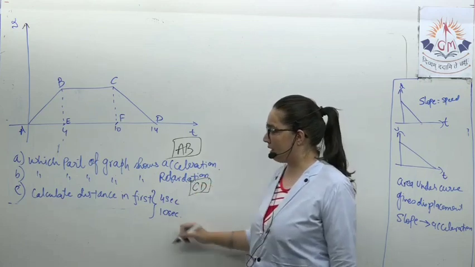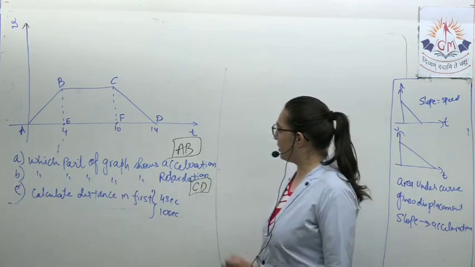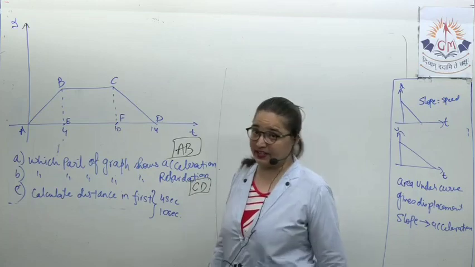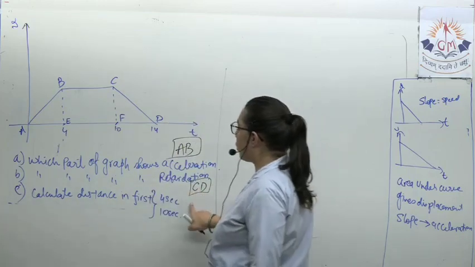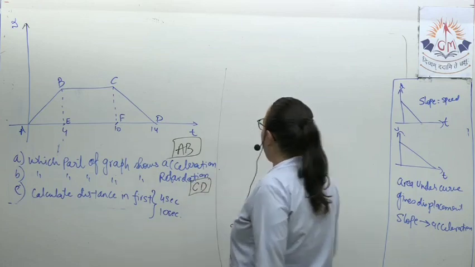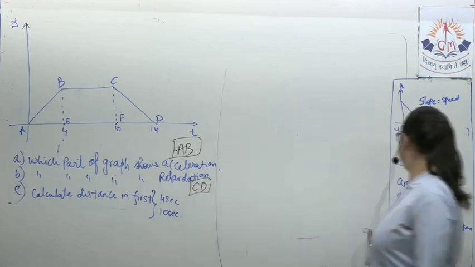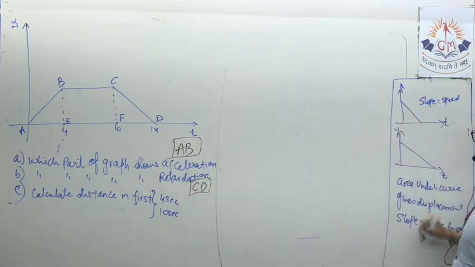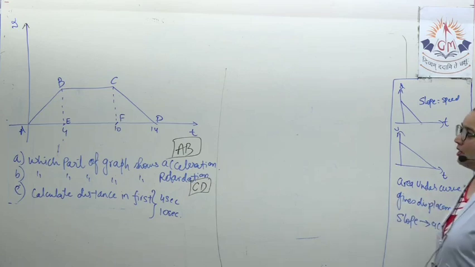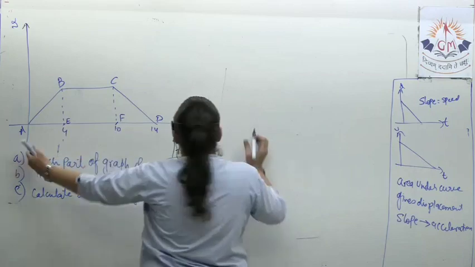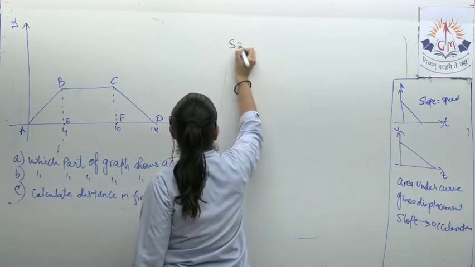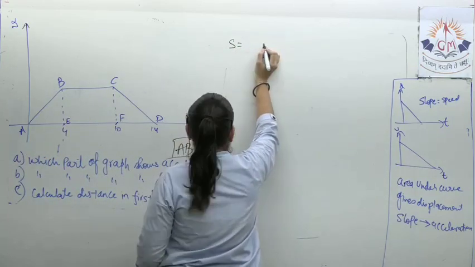Now comes the important one. Calculate the distance in the first 4 seconds and in the next 10 seconds. For calculating the distance in the first 4 seconds, we have to use again this concept: the area under the curve will give us the distance. So S is equal to the area under the curve ABE for the first 4 seconds.